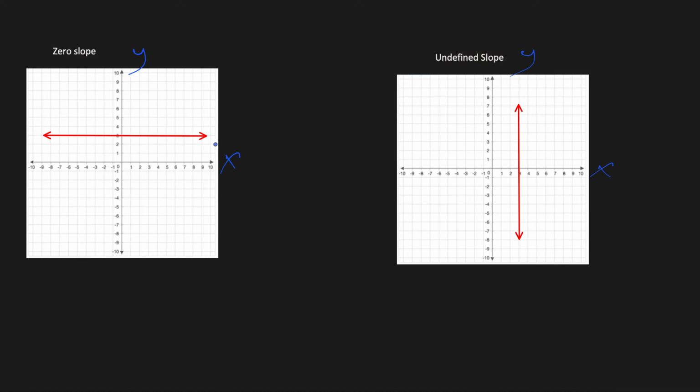It's just a flat line, and therefore it has a zero slope. And this line, which is parallel to the y-axis, we cannot define a slope because it just rises infinitely. If you look at the formula, which is rise over run, since there is no end to this, we don't know what the number for the rise is, so it's just undefined.